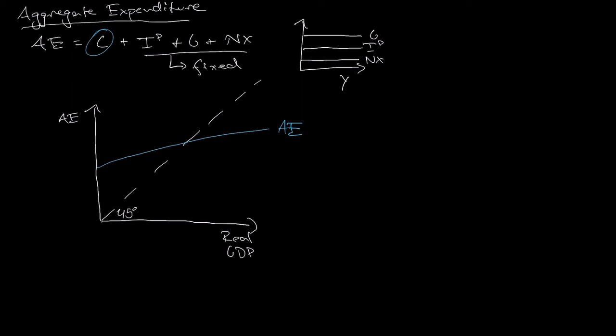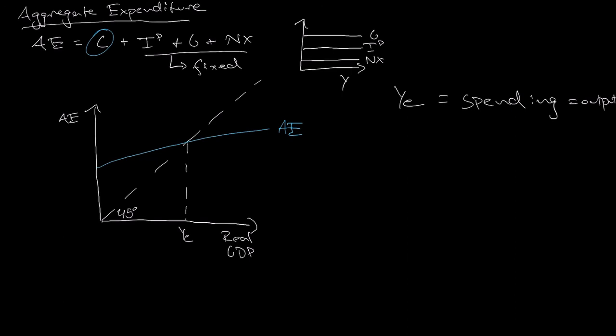Now, in this model, the level of equilibrium is going to be determined by where the aggregate expenditure curve actually intersects the 45-degree line, and we can see at this point this is where equilibrium would be. So equilibrium is, in other words, where spending actually equals output as measured by real GDP in the macroeconomy.